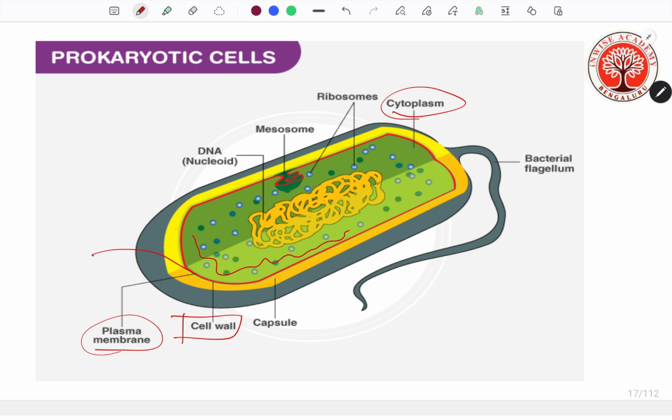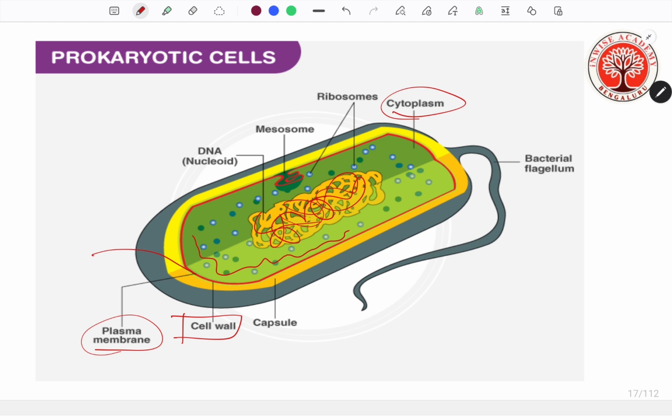And there is one more layer in between, a capsule, and this is the genetic material, which does not have any nucleus, and it is not a covered or protected organelle. It's simply a colloid. It also has some foldings in the plasma membrane region.